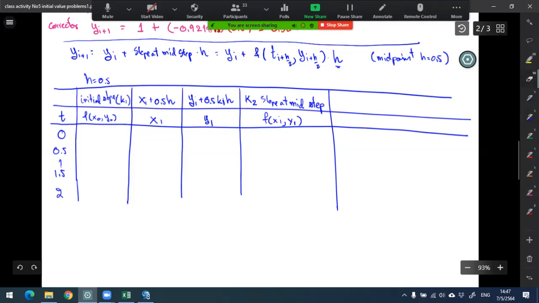Sorry again, it should be t, right? After we have the slope at midpoint, at mid-step already, then we find the solution, that is y i.